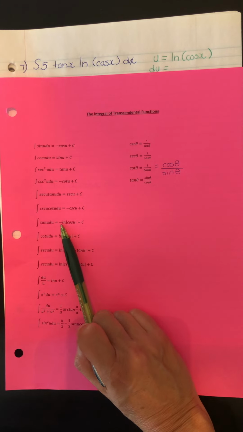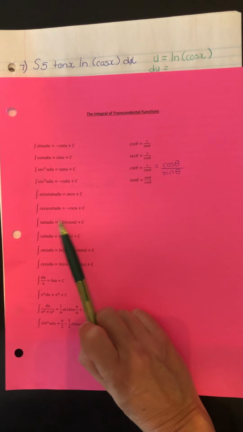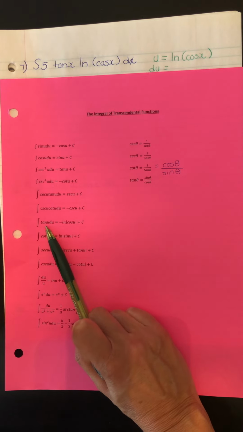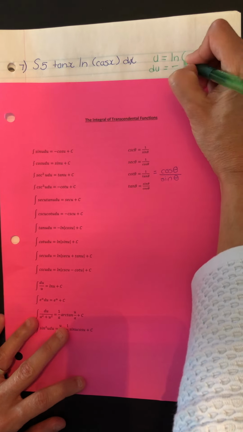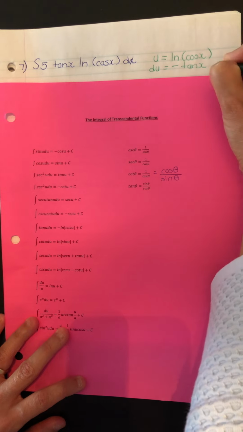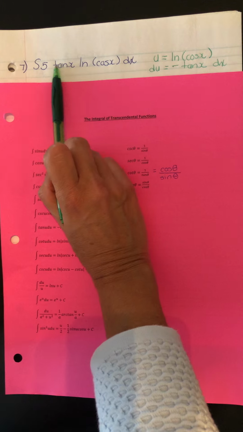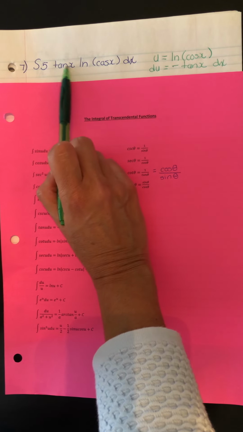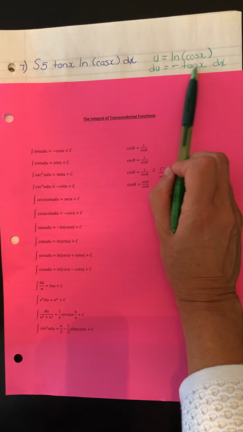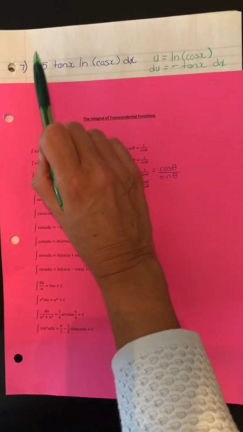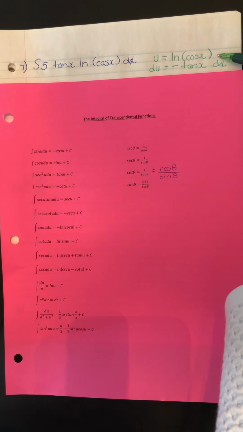So the derivative of the ln of the cosine of x is the negative of the tangent of x. So this is negative tangent of x dx. And that's good news because you do see a multiple of tangent x dx in here. That's how you know this is the correct choice for u.